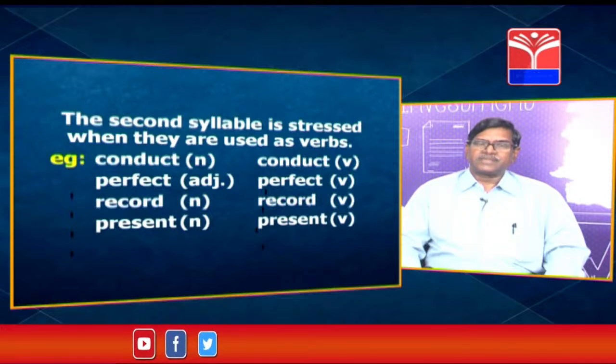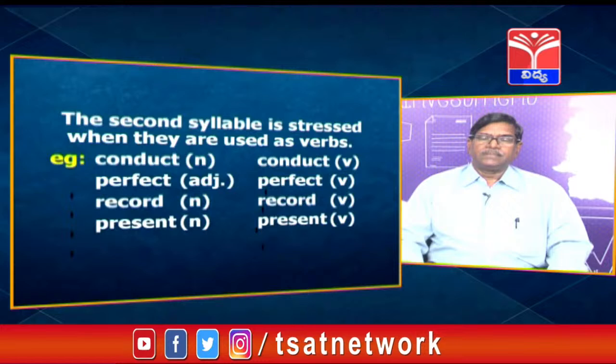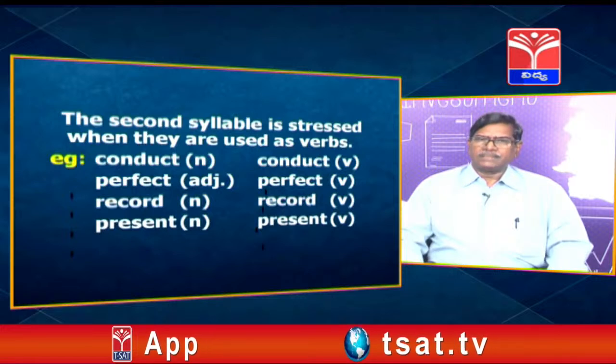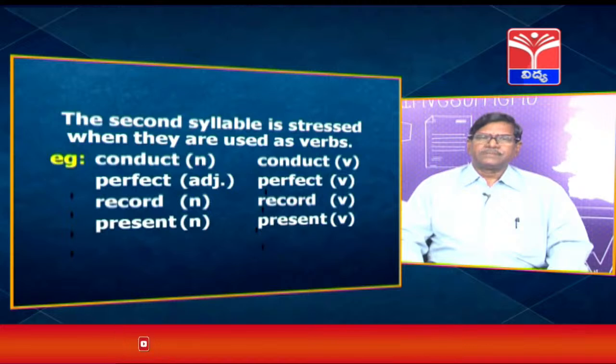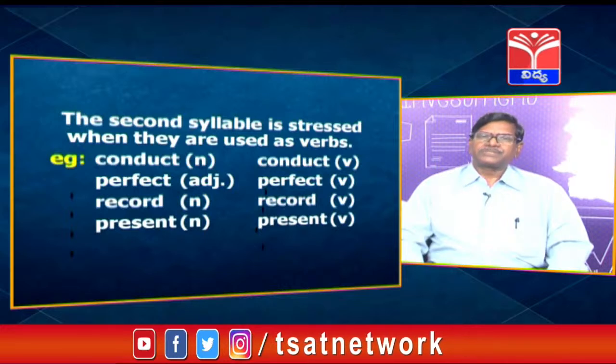Second syllable gains stress when it is used as verb, record. We go for recording things or proceedings and a record. We maintain a record where we record the proceedings.